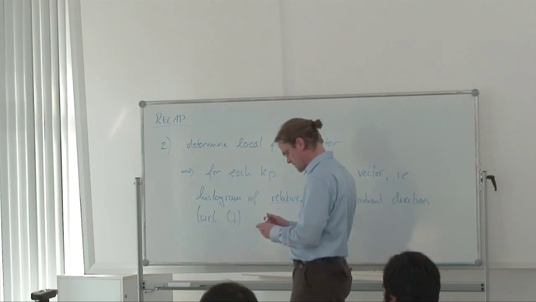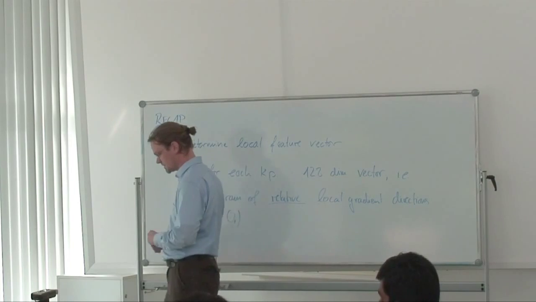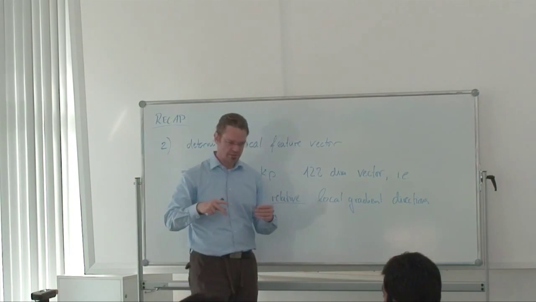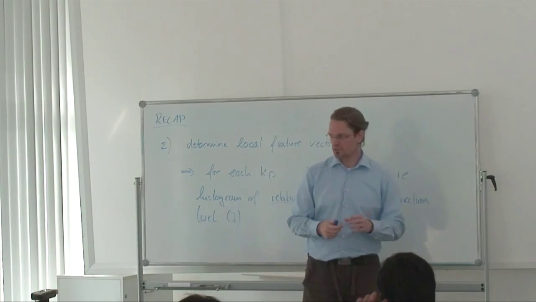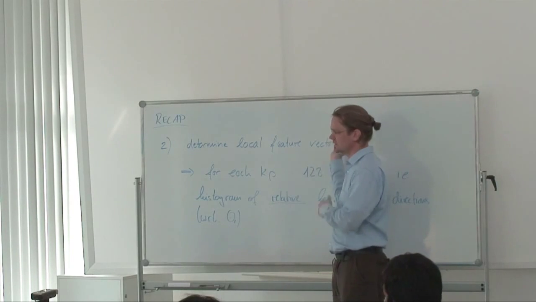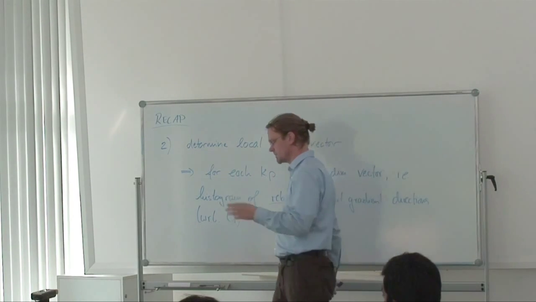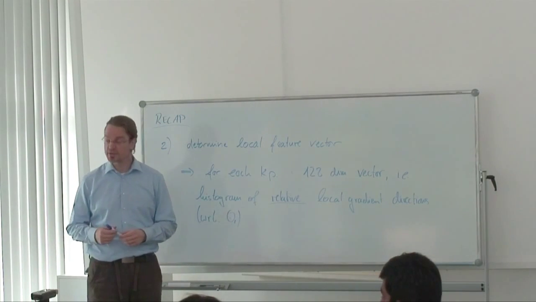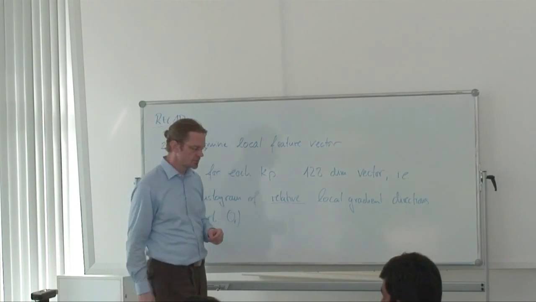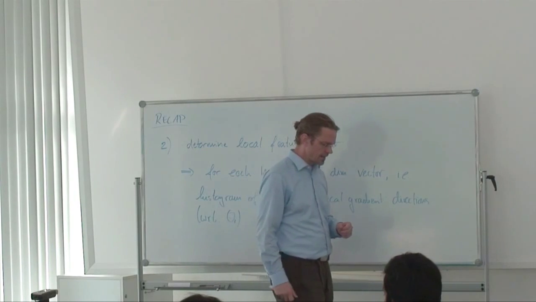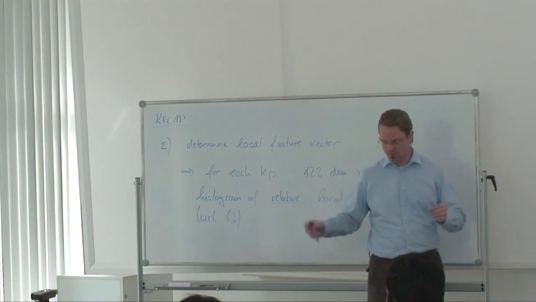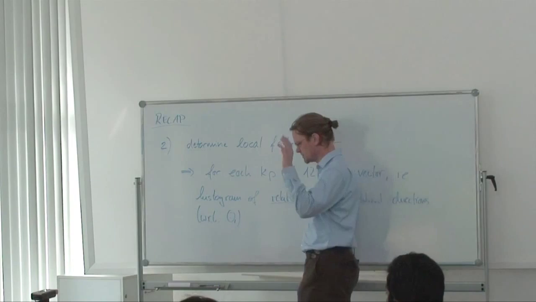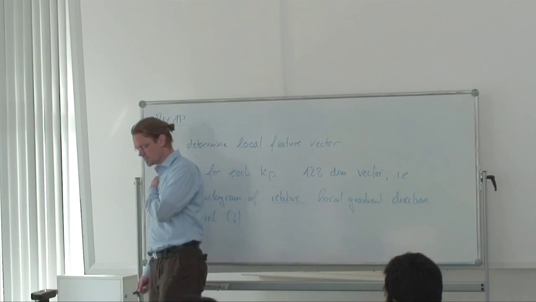So think of it like this. We have determined the key point location and the key point scale and the key point orientation, and we then again look at the neighborhood about this key point and again compute local gradient directions and magnitude in this neighborhood, and again bin all this into a histogram and do some normalization and some thresholding.